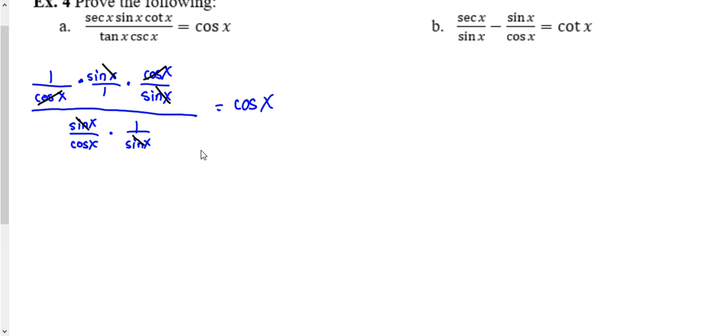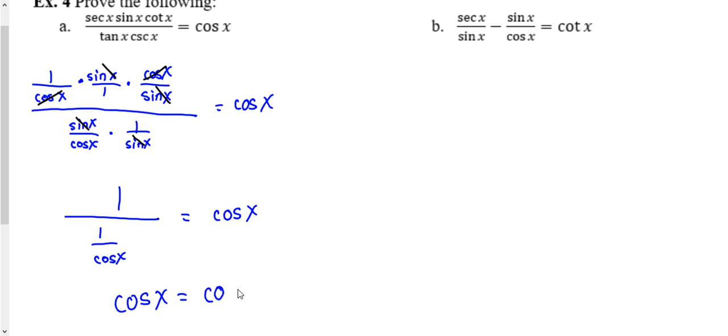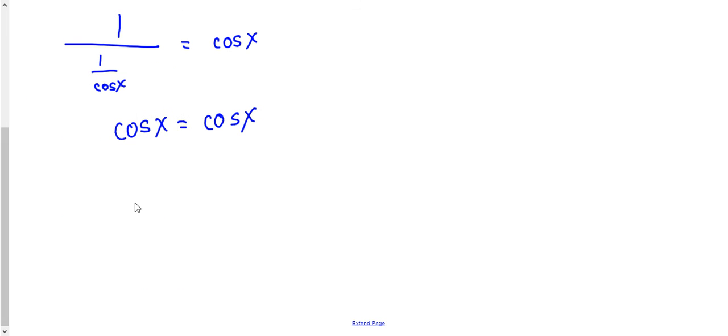We have 1 in my numerator divided by 1 over cos x. And of course this here just simplifies down to cos x equals cos x. So I can say my left side is equal to my right side on this proof here.